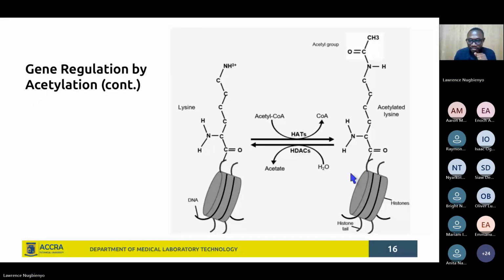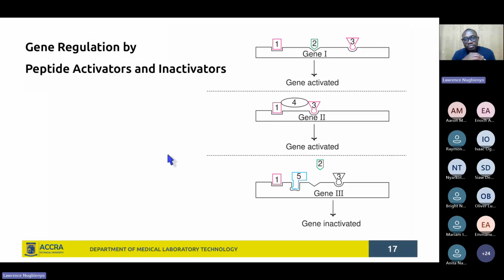All right. Now, so far we have been talking about genes, and genes are nucleic acids. But we also talk about gene regulation by peptide activators or inactivators. What that means is that there is an interaction between nucleic acids and proteins.